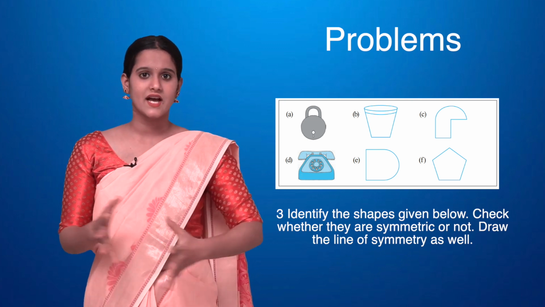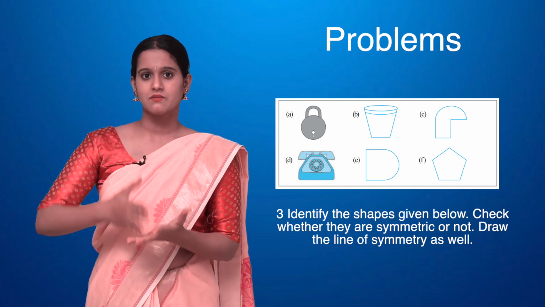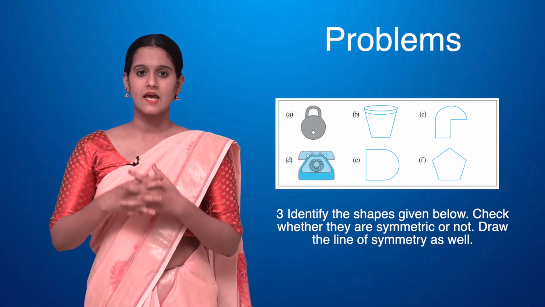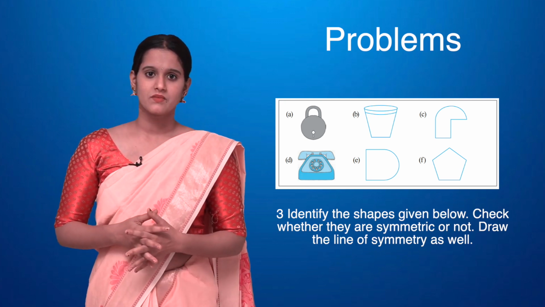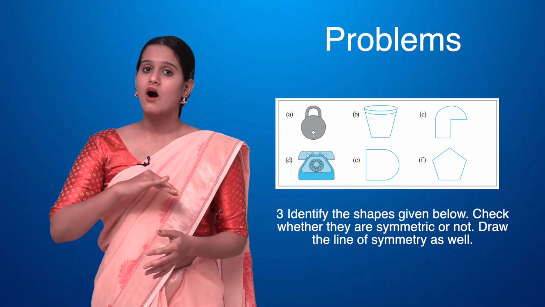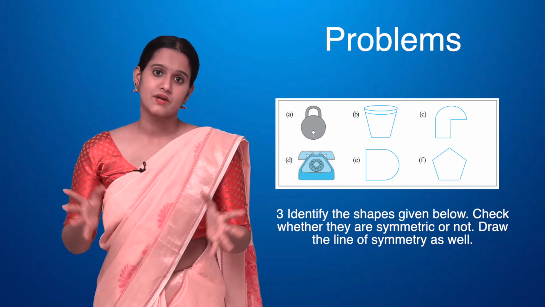Okay, now let's see the next diagram, which is a telephone. Here also, if I draw the line of symmetry, one half would be symmetric to the other. Okay, now let's see the next diagram. Here you can draw the line of symmetry horizontally instead of vertically. Then of course it is symmetric now.